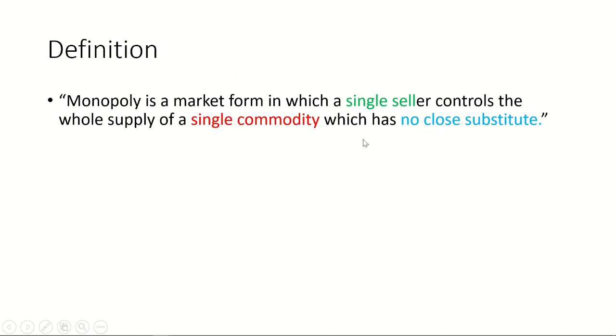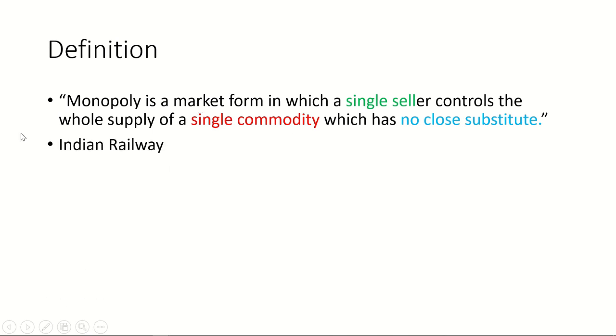So we can see some features of the monopoly market. The first one is that it has a single seller, and that single seller controls the whole supply of a single commodity and has no close substitute. So single seller, single commodity, and these are the main peculiarities of the monopoly market.